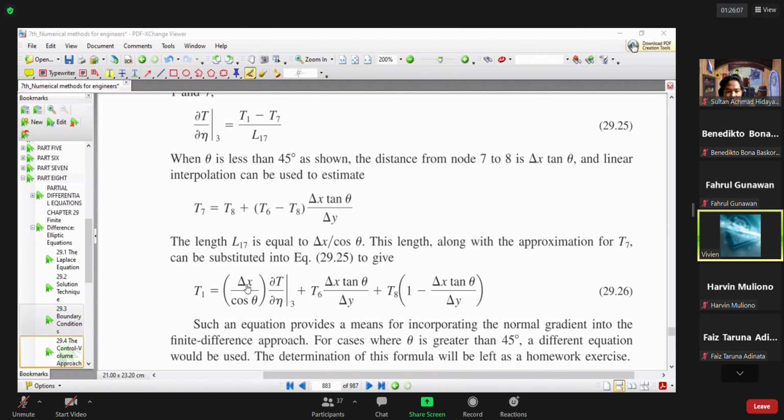Although there is a little bit of difference: what we have learned here is the finite difference method, but when we learn about structural analysis, which is the finite element method, it is a little bit different because the domain will be divided into elements, not points or nodes as what we have seen here.